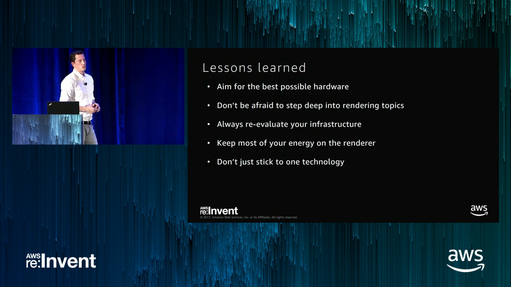Always reevaluate your infrastructure. As I just showed you, we went through many versions of our infrastructure on AWS. And there were actually a few steps in between. It just would have been too long to show everything. But since Amazon has a huge amount of services, and there are always new services coming in, there's always something that can be improved. And there are always 100 ways to get to the same result.